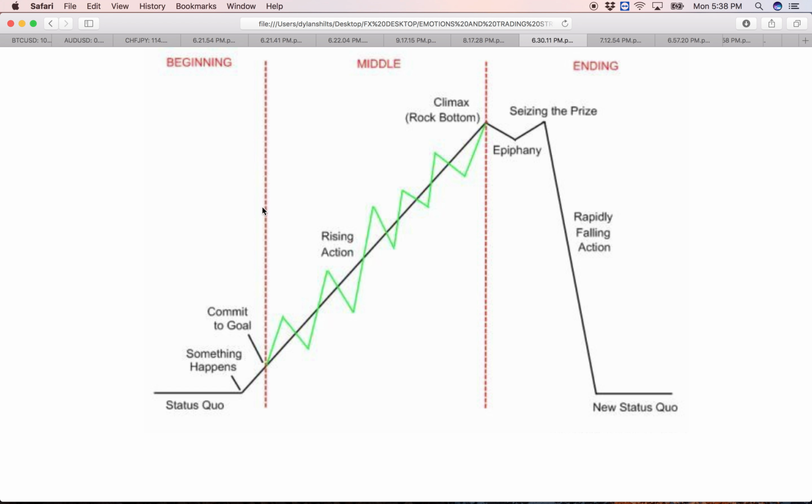Now, this is where it gets really cool, you guys. I found this on Google once again. Here is the beginning, the middle, and the end. This is all movies, all structures of stories. They all are determined by this one basic structure.